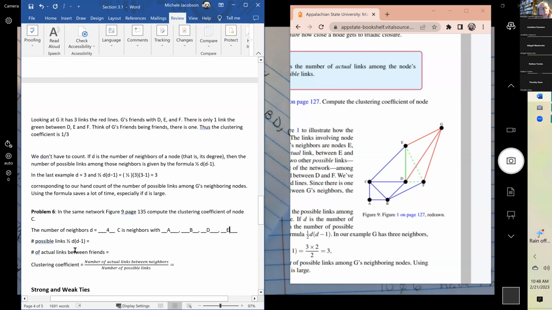The number of possible links. We could count all of the possibilities, but when there's 4, it's a little harder than when there's 3. So to find them, we can plug the number of neighbors, which is 4, into this formula. So we have 1/2 times 4 times 4 minus 1.